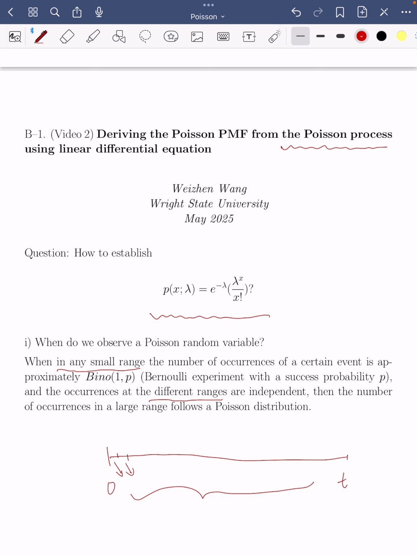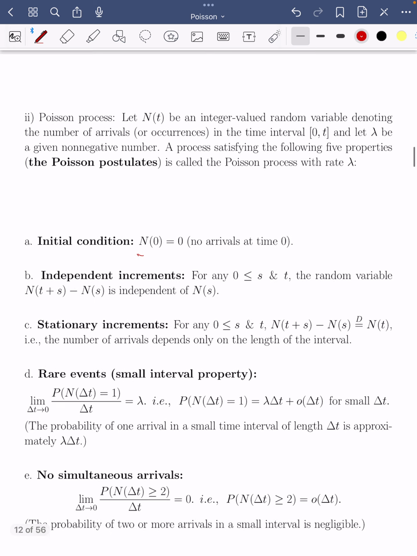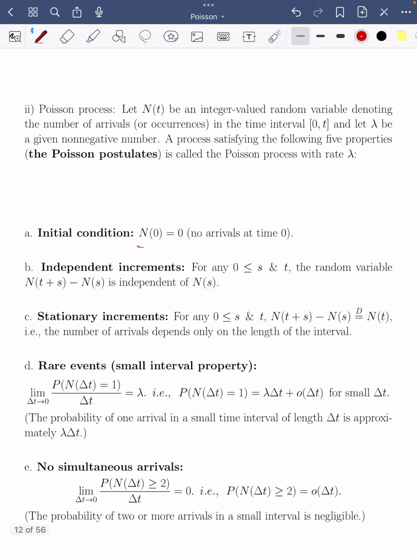So let's formally introduce the so-called Poisson process. Suppose that N(t) is the integer-valued random variable denoting the number of arrivals in a time interval from 0 to t. And also let lambda be a given non-negative number. A process satisfying the following 5 properties, also called the Poisson postulates, is called a Poisson process with rate lambda.